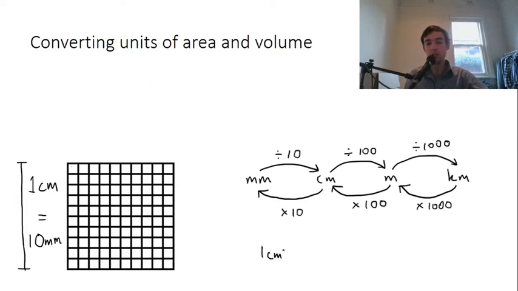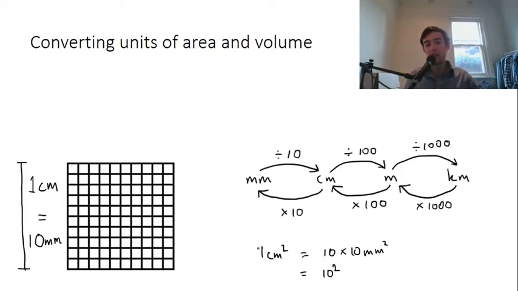So 1 centimeter squared, just by looking at this, equals 10 times 10 millimeters squared. Now, if I times a number by itself, that's the same as squaring it. So 10 times 10 is the same as 10 squared.